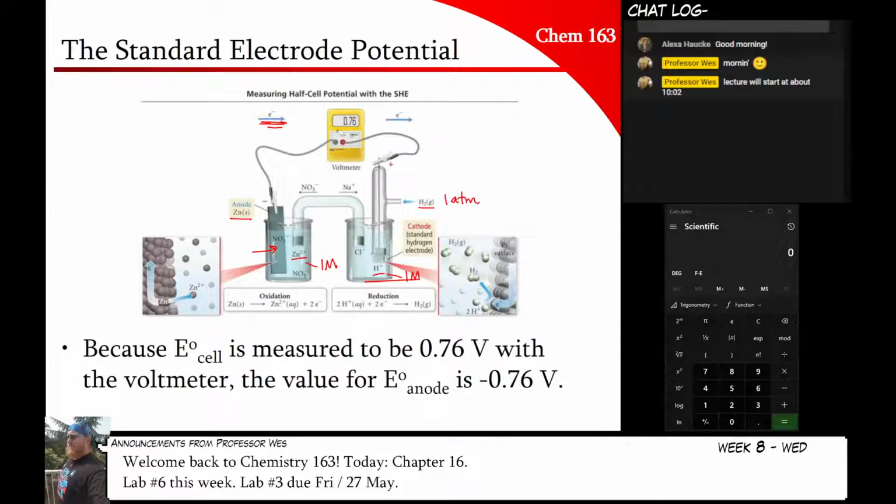Now, as shown for this, if this is the observed voltage, that means that E cell is that, and we know that E cell is cathode minus anode.